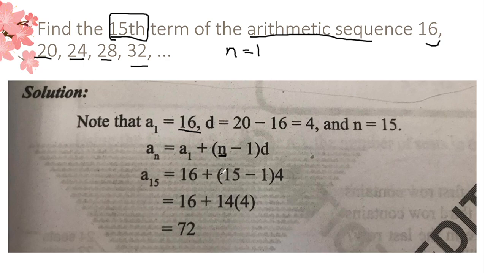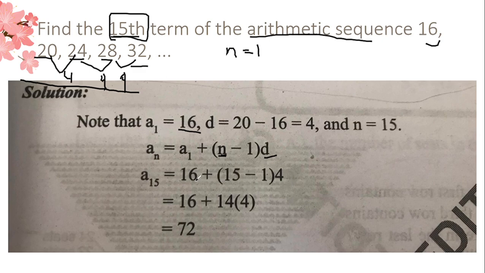Our n is 15, since we are looking for the 15th term. d is the common difference. 32 minus 28 is 4. 28 minus 24 is 4. 24 minus 20 is 4. And 20 minus 16 is 4. It is called the common difference because we get the same answer when we subtract consecutive terms. So our common difference is 4.